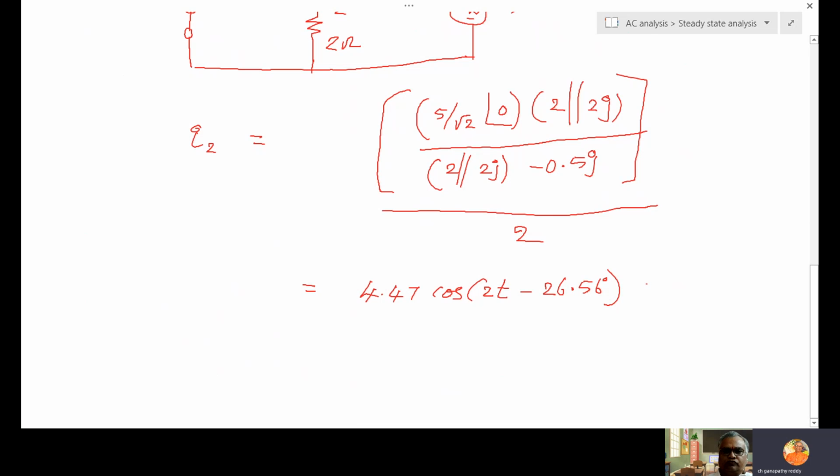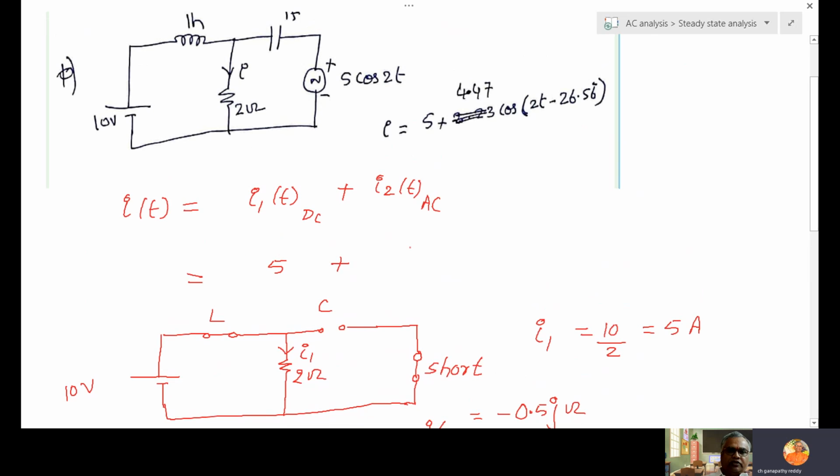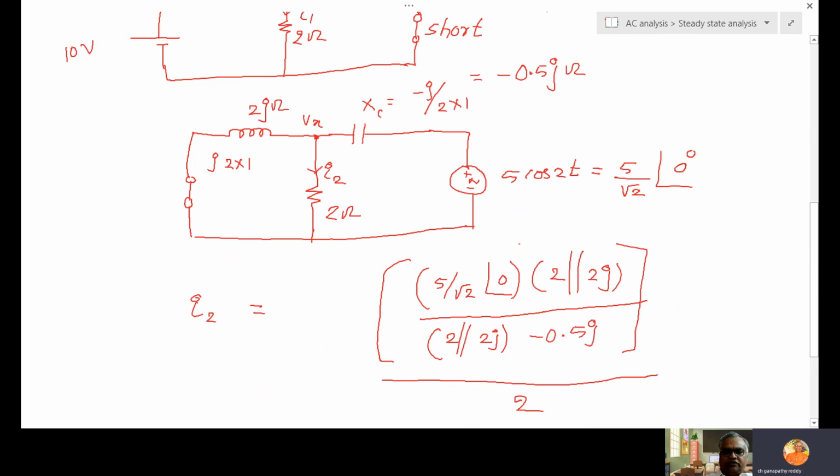This is I2. I1 plus I2 is the final answer. So like this we can do. Everything is the same, only thing is here it takes time to simplify using a calculator.